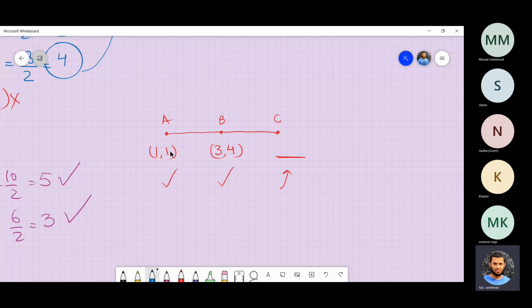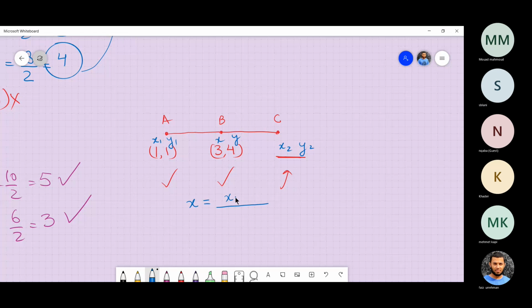We will make x1, x2, y1, y2, correct? So for A, 1 and 1, we will write x1 and y1. And x2 and y2 come last, not in the middle. And this will be x and y without any number. So we will write the formula for x. What is the formula for x?